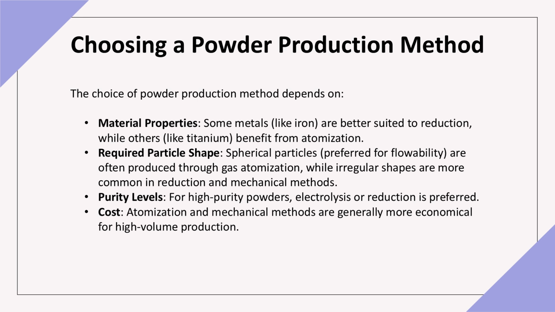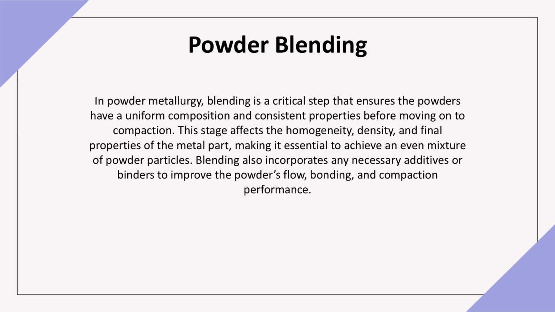Cost. Atomization and mechanical methods are economical for high-volume production, making them the go-to choice for automotive and general manufacturing applications. Blending is an essential step in powder metallurgy to achieve a consistent composition before compaction.